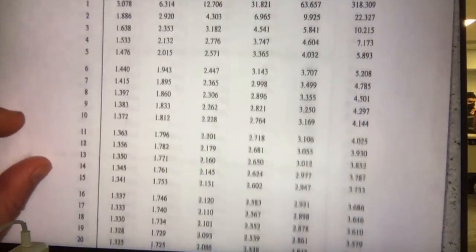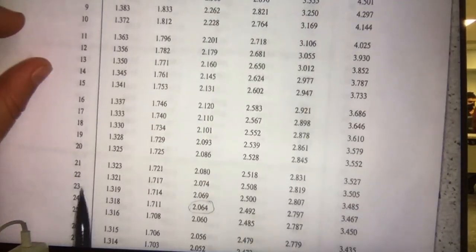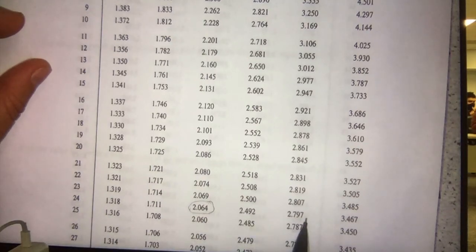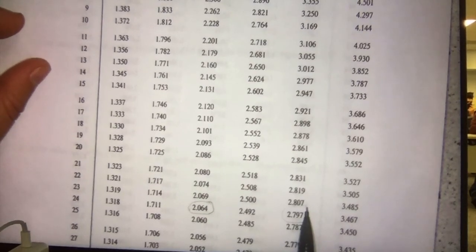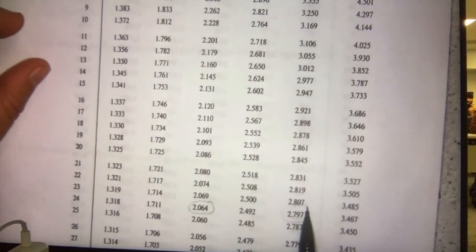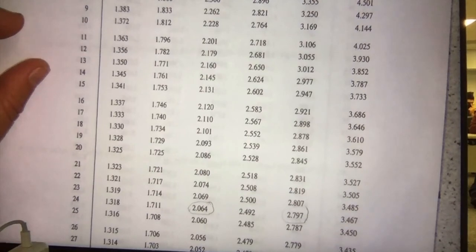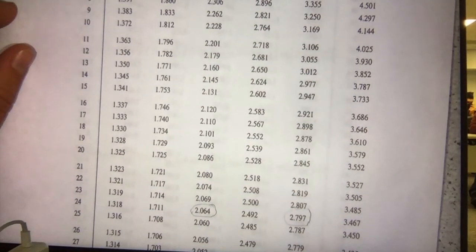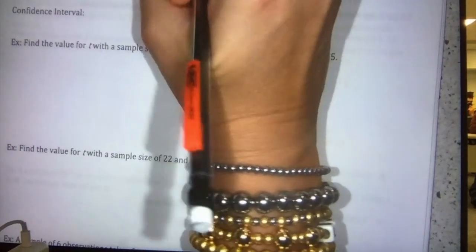Looking at 24, going over to 0.005, which is right here, and we get 2.797. Are we okay with our t table? Just like our z table, same concept, 2.797.